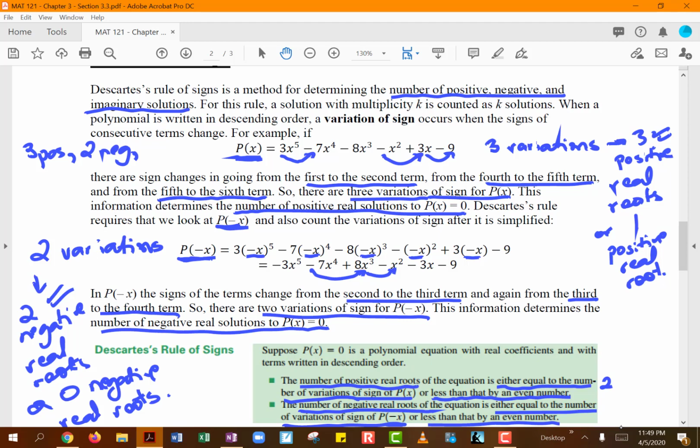That means we have no room left for imaginary solutions. So we can have 3 positive real roots, 2 negative real roots, and 0 imaginary roots.